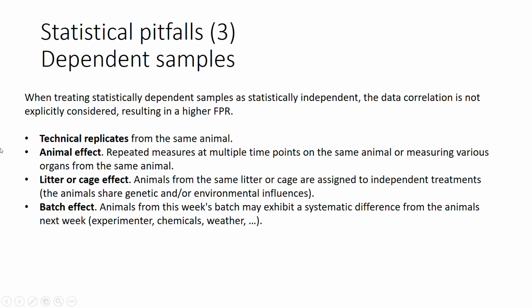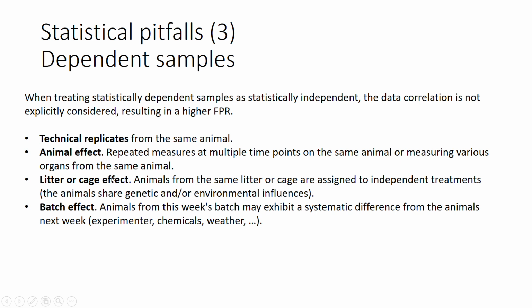Or you do repeated measures at multiple time points of the same animals. All these measurements are not independent. There are correct ways, and we have already seen it. The animal is a block, and I should measure the variability introduced by these blocks. Litters and cages are also blocks.